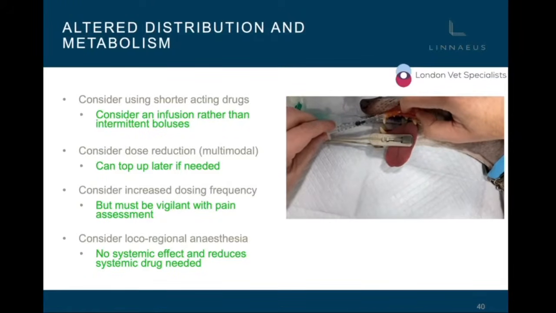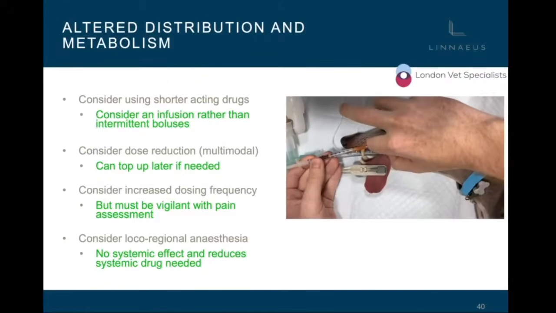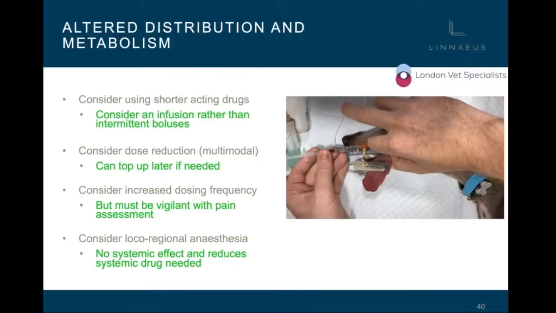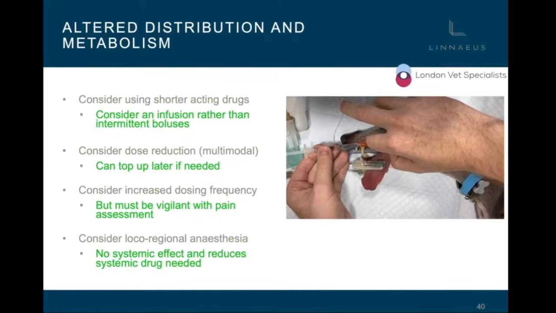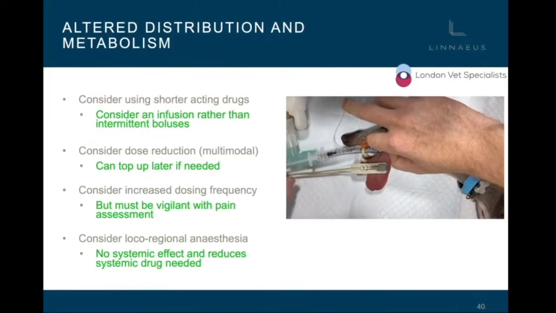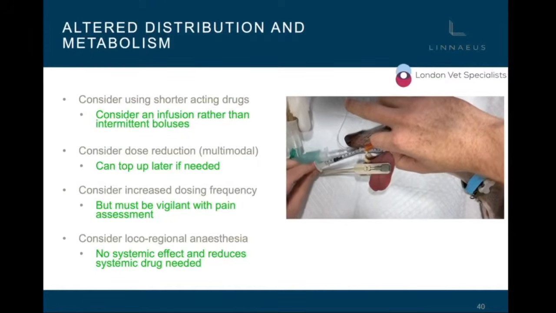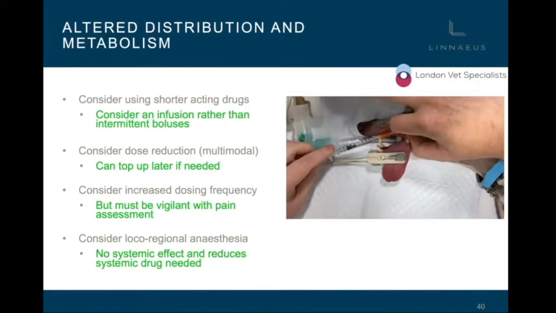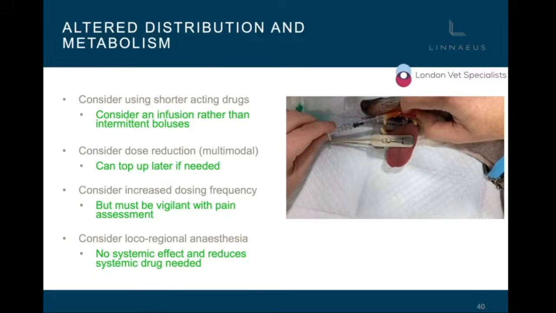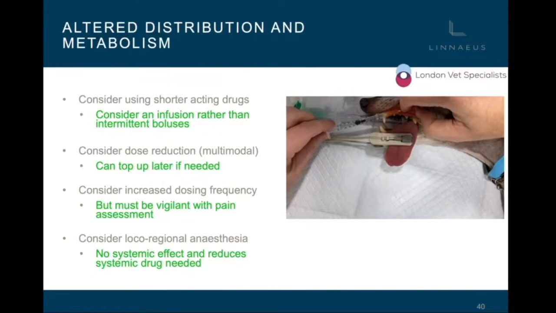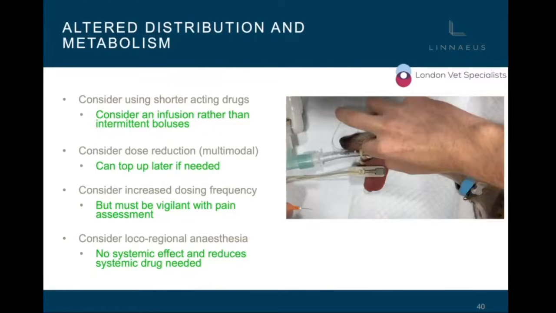So we may consider increasing to every 8 hours the dosing frequency. But it is, of course, very important that when we are changing these dosing frequencies, particularly of the analgesic agents, we need to be able to very closely monitor pain assessment so that we don't extend that frequency too much.